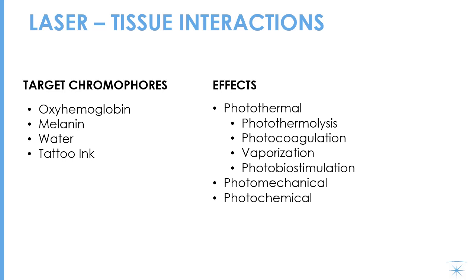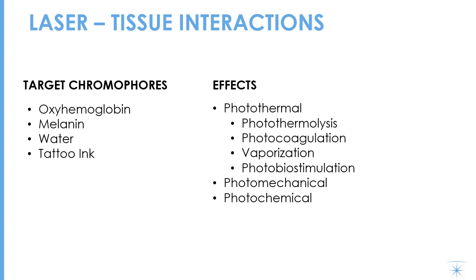Those are cells containing protein, and they don't have a color. So if we aim a laser beam towards the hair follicle, which does not have a color, there is no interaction. So that's why we have to find a chromophore, and chromophores are structures in the skin which can absorb the laser or the light and interact with it.